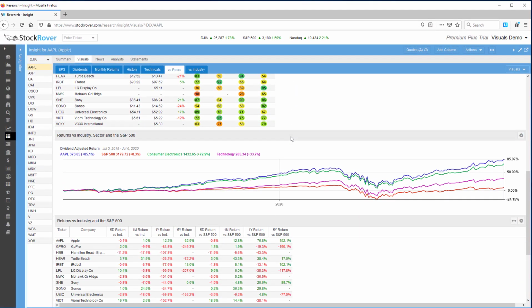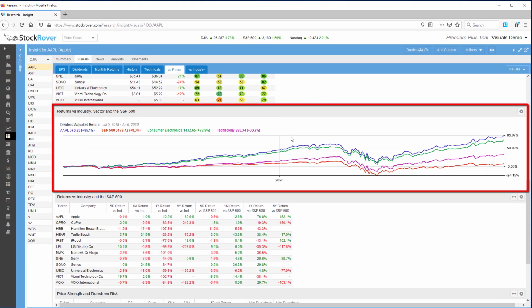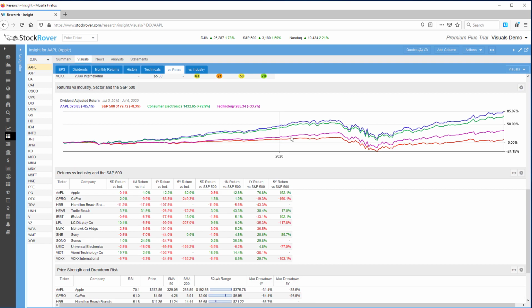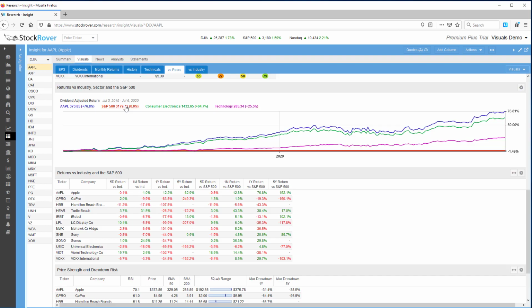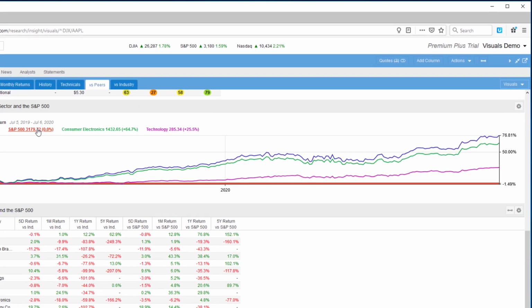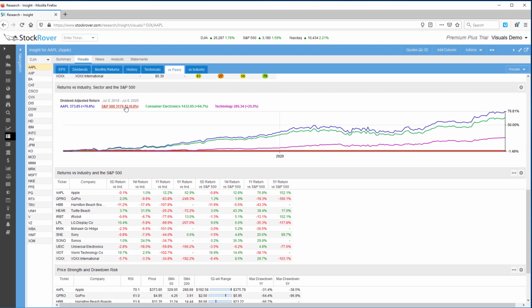The chart shows the performance of the stock versus the S&P 500, its industry, and its sector. Note that by clicking on any of the legend labels, for example S&P 500, the corresponding chart line can be flattened so you can see the performance relative to the baseline. Clicking again toggles it back.